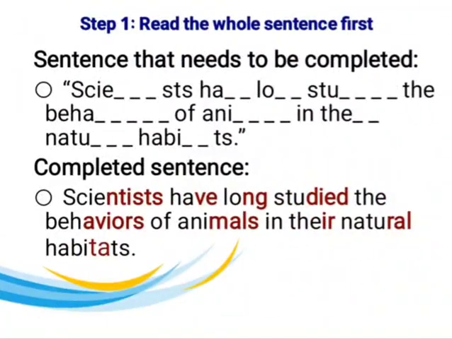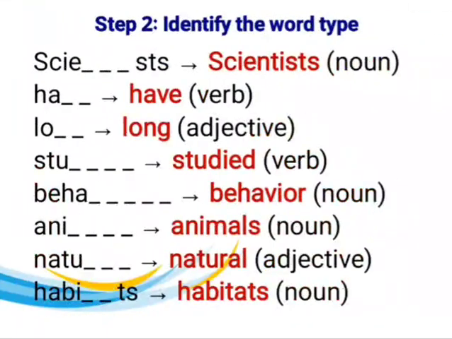This is it. Step 1, read the whole sentence first. Look at this from the beginning till the end. The scientists have long studied the behaviors of animals and the natural habitats. Look, I have pointed them out in order for you to easily understand what to put where.